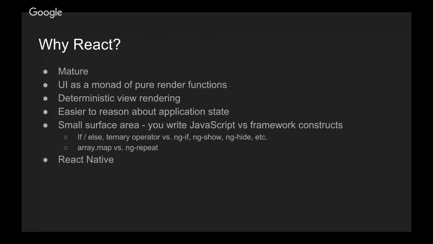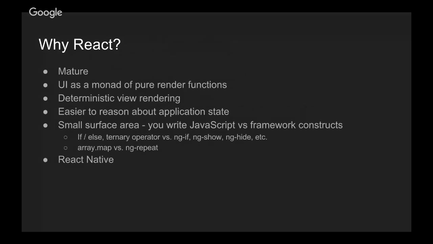And this concept of pure functions, for those not familiar with functional programming, a pure function is a function that, when given the same arguments, always returns the same results and also has no side effects. So it never mutates anything outside of its own scope.